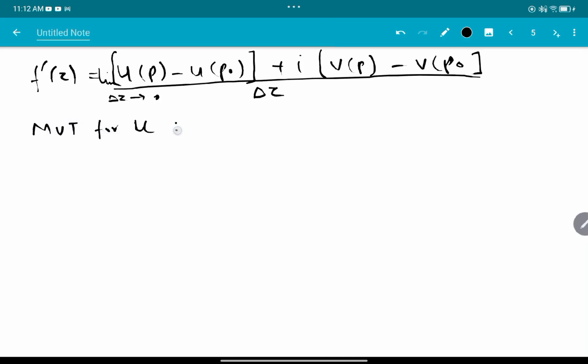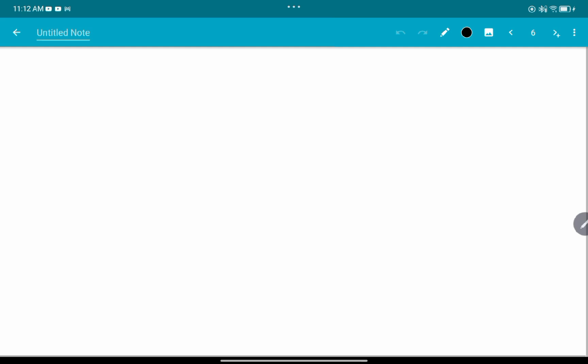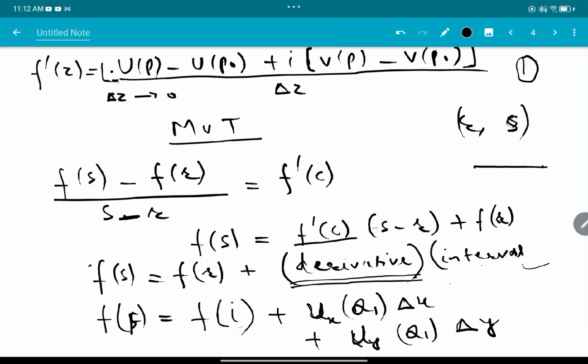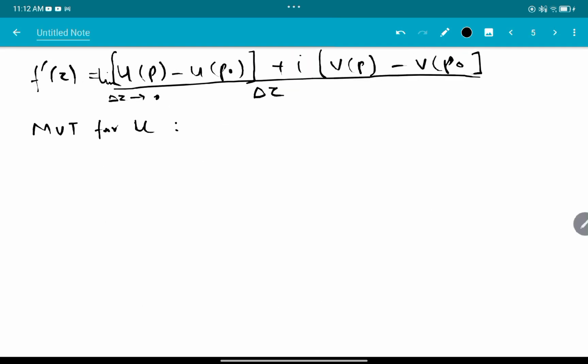Final value is equal to initial value plus rate of change ux evaluated at q1 into delta x plus uy evaluated at q1 into delta y.